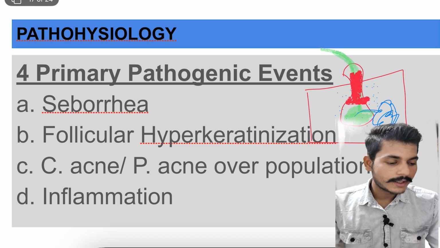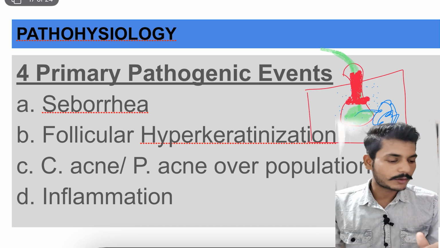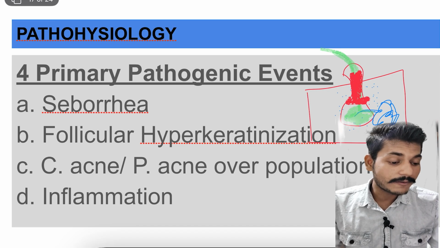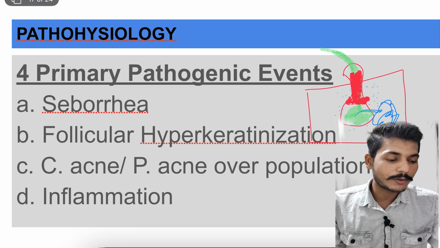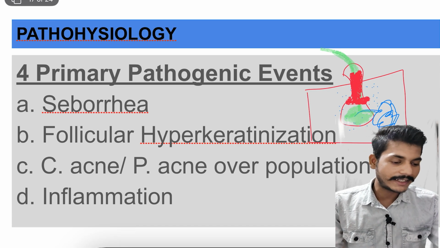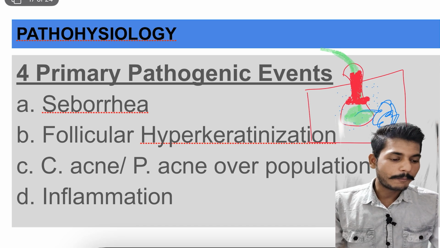Now what happened? The androgen is continuously secreted, but the sebum won't find the space to excrete out from the internal environment of the skin to the external environment. So there is a blockage.